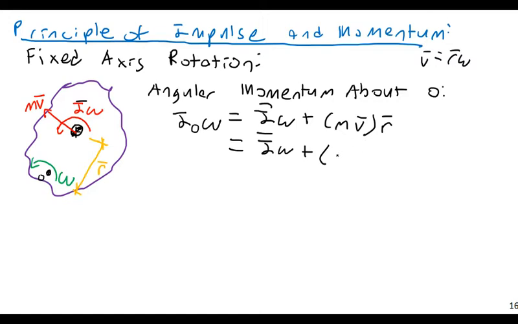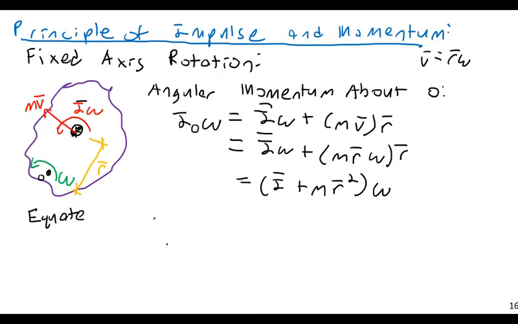So I could say this is then m r bar times omega times r bar, or I could say this is I bar plus m r bar squared, times omega. This is starting to remind me a lot of the parallel axis theorem.